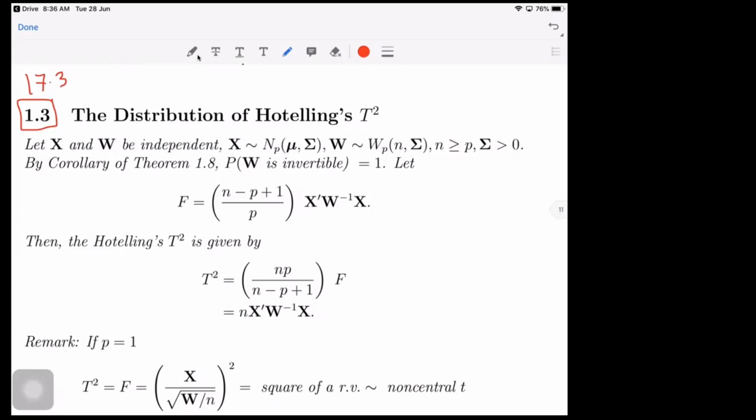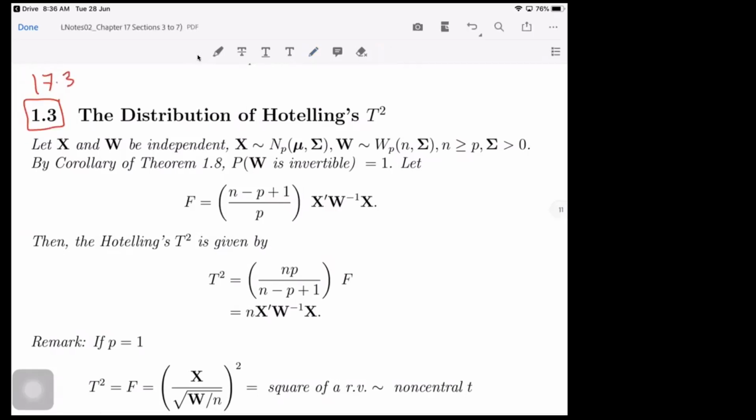Okay. So let X and W be independent. For it to have a Hotelling's T-square, please note the assumptions here. You have to check that X and W are independent. So what can we use to check that?